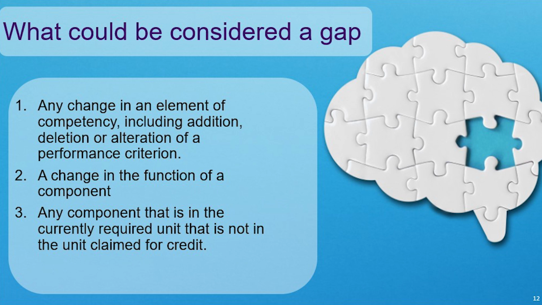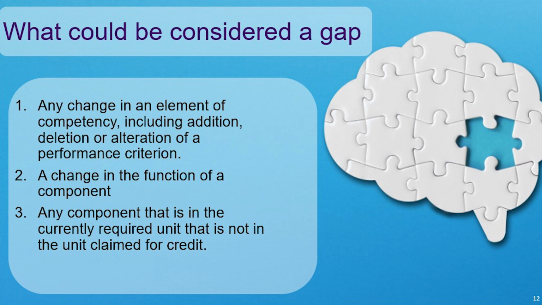You might find, for example, that two performance criteria have been welded together to form a kind of double performance criterion, or sometimes you might find one performance criterion being split into two separate performance criteria. Those changes are not likely to mean that the element has changed, even though the format of the element has changed. So there has to be a judgment made as to whether the change, which is an addition, deletion, or alteration, actually means that the outcome is different.